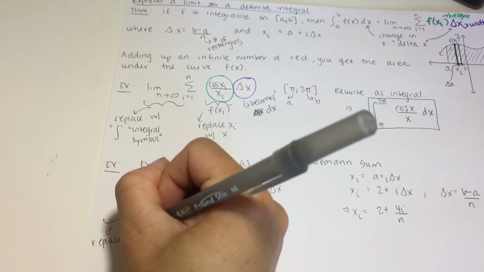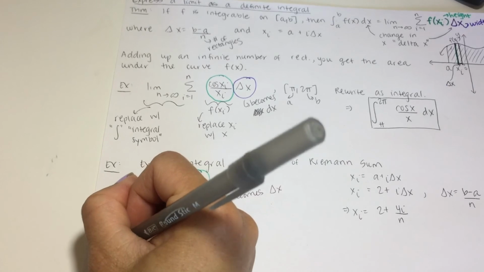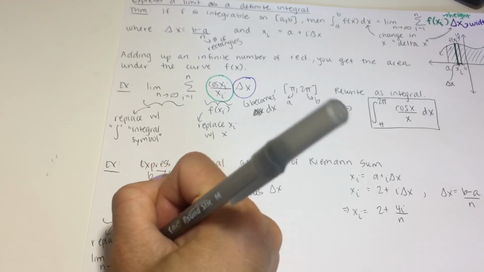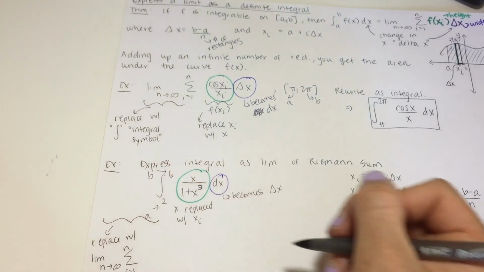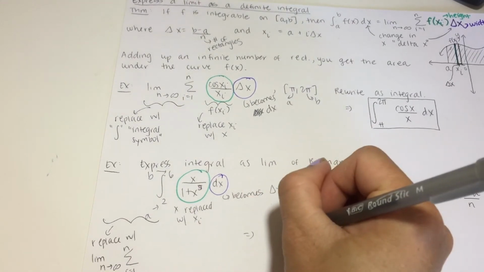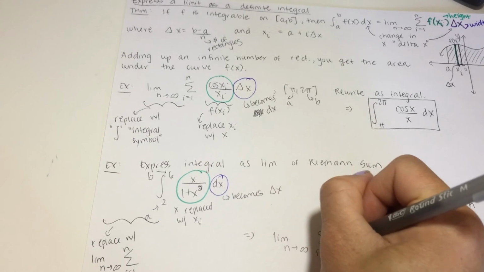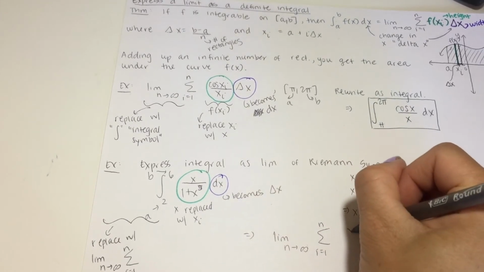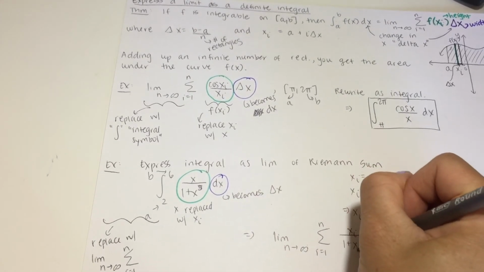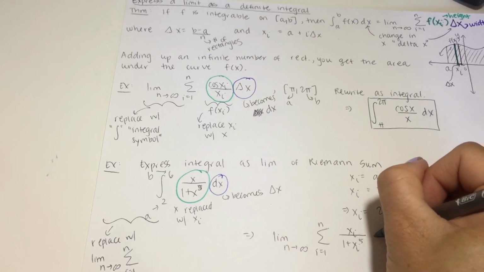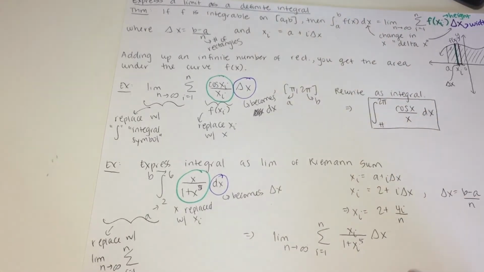So this integral symbol is going to be replaced with the limit as n goes to infinity of the sum from i equals 1 to n. And now we will have xi over 1 plus xi to the 5th times delta x.